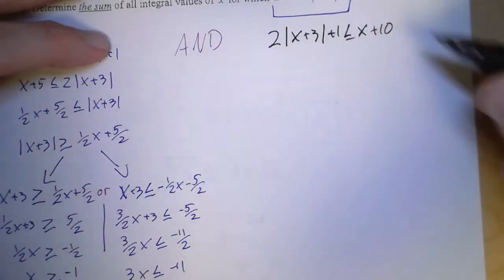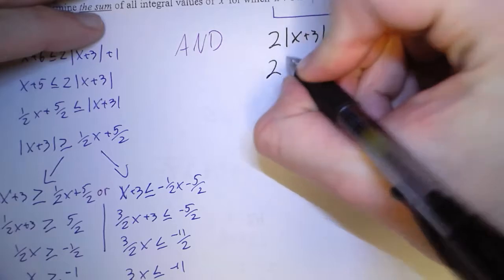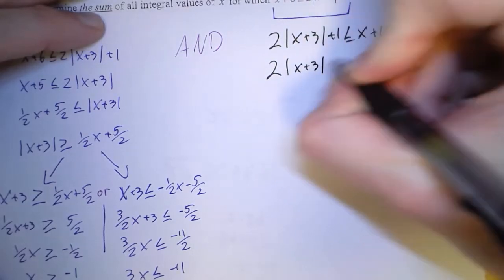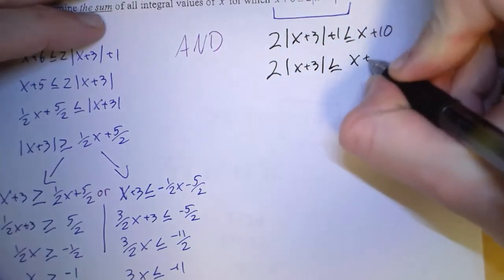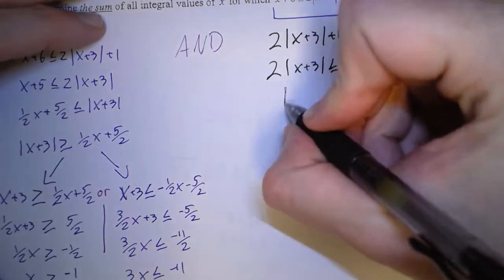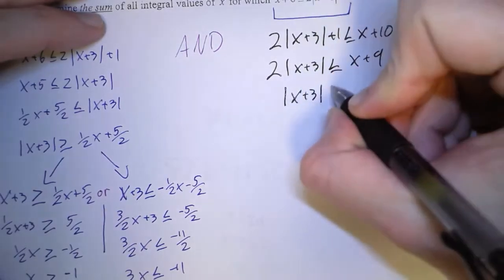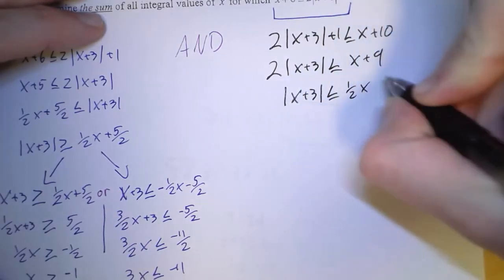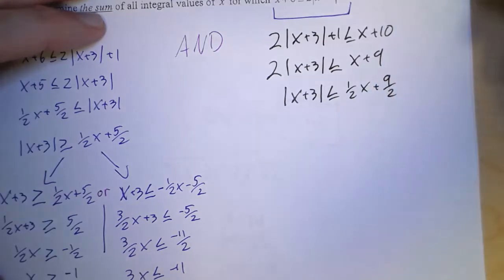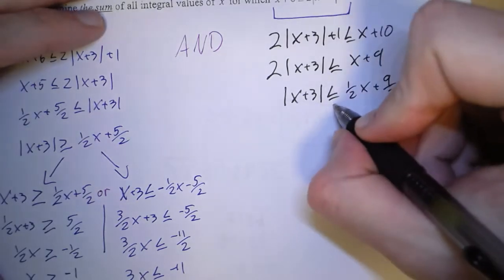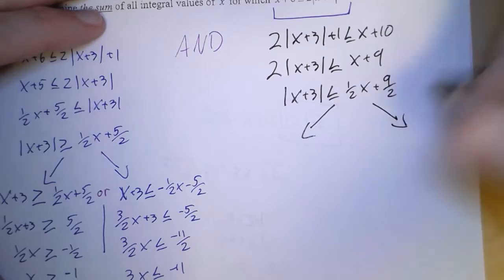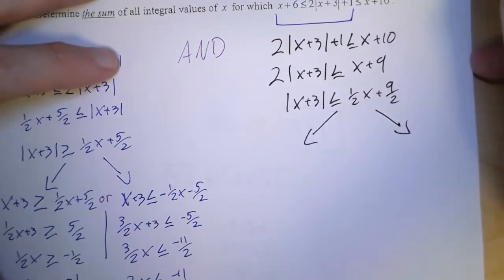So now we solve this one. We subtract the 1, so 2 absolute value of x plus 3 is less than or equal to x plus 9. Then we divide by 2, so absolute value of x plus 3 is less than or equal to 1/2 x plus 9/2. Now we need to split this into two inequalities.